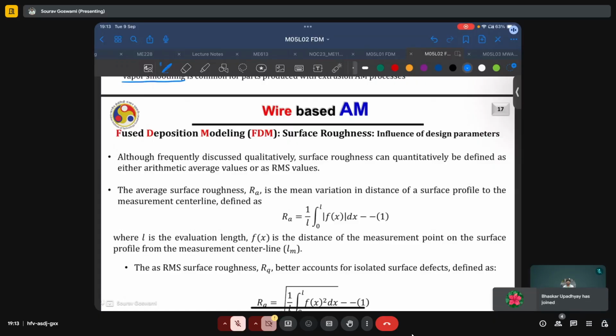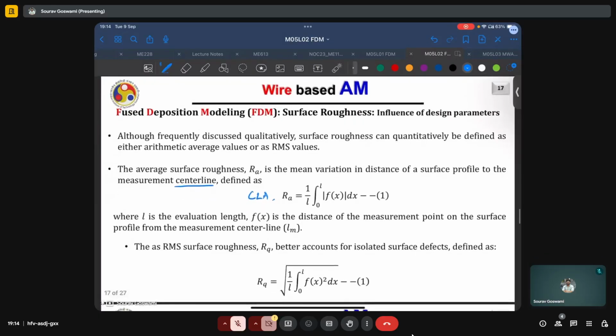The average surface roughness, Ra, is the mean variation in distance of a surface profile to the measurement center line, thus being the center line average, CLA, which is equal to 1 by L integration from 0 to L, the absolute value of y(x) dx, where L is the sampling length or the evaluation length, and y(x) is the distance of the measurement point on the surface profile from the measurement center line.